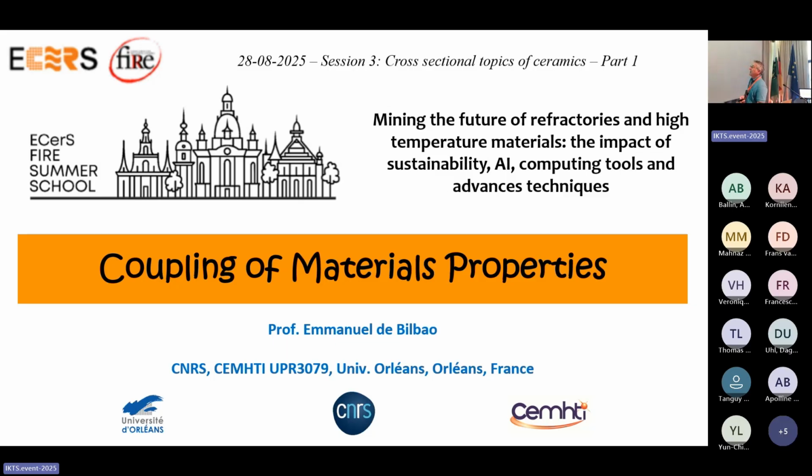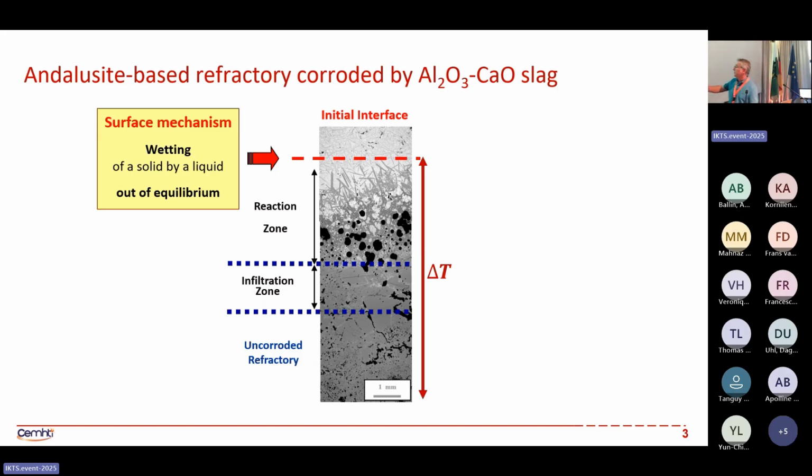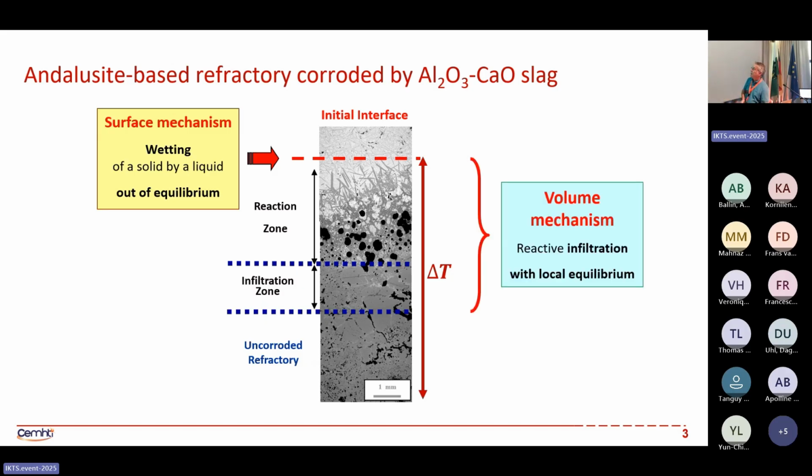Okay. So as an introduction, just focusing on some very important insights, in my opinion, regarding the corrosion of refractory by slag as a reactive infiltration process. You recognize this figure shown already by Jacques, and you can see that at the beginning there is a surface mechanism of reaction, followed by a volume mechanism, and of course with local equilibrium as mentioned.